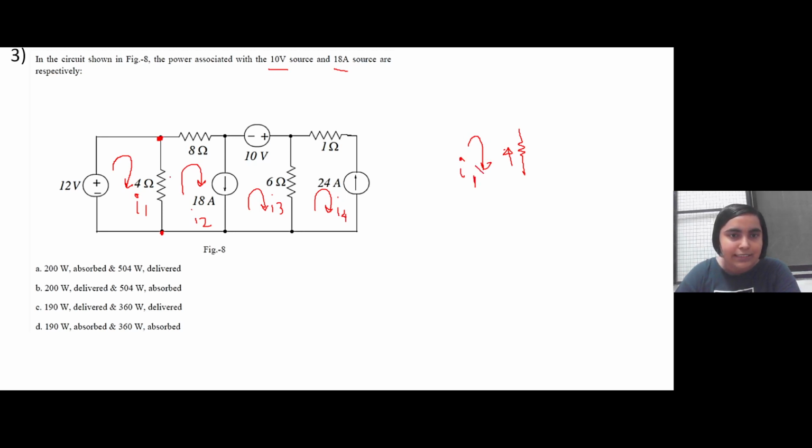Then in the next loop, I2 current is actually flowing this way. So it is not very straightforward that you calculate 4 into I1 and equate it with this voltage, because through this branch, as per our assumption, I1 and I2 are flowing, and they are in the reverse direction. So the first equation that will come up is 12 equal to 4 times the difference of the currents. Okay, ma'am. Thank you, ma'am.